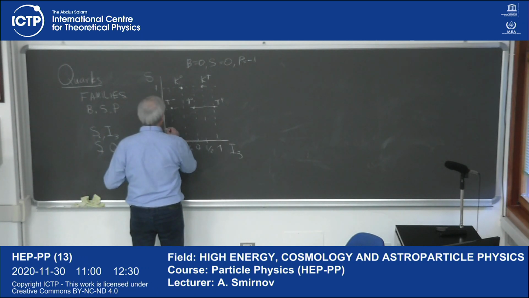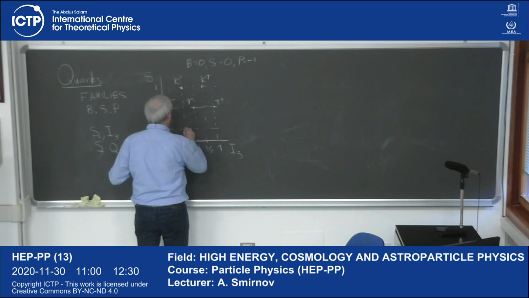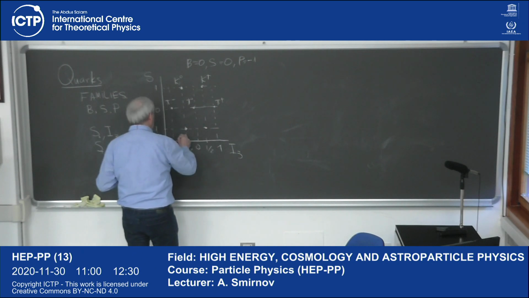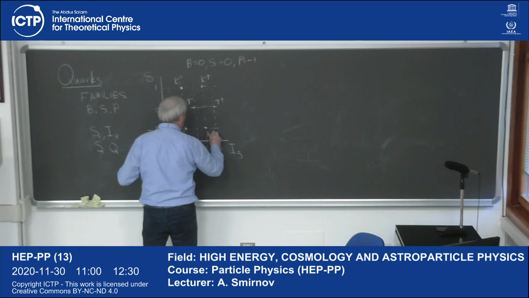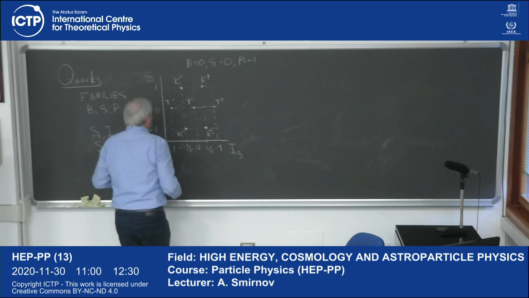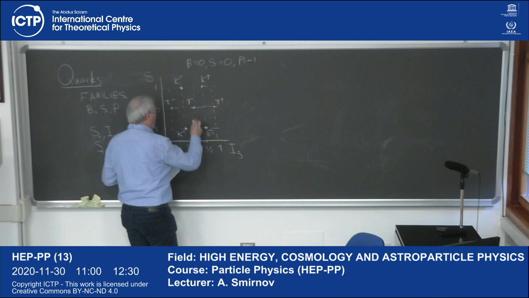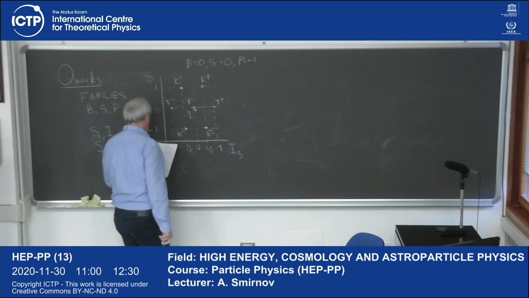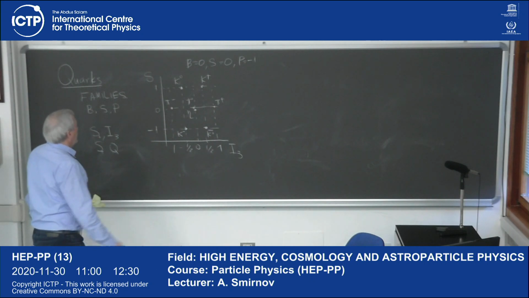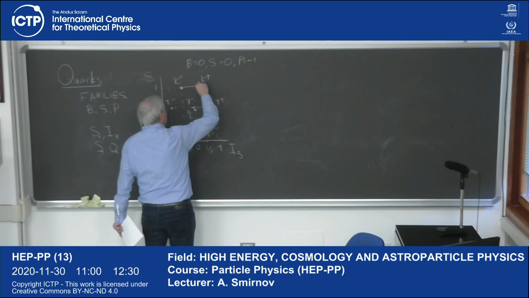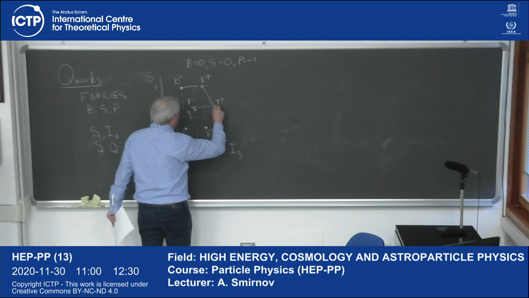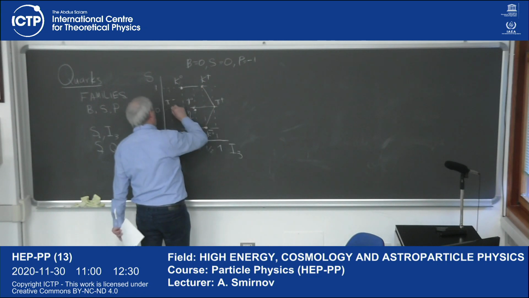Now another pair of K mesons forms another isospin doublet. It's K minus, and here is K0 bar. And now there is another particle which is a singlet of isospin, and which is eta. Now we can connect this and get this nice diagram.